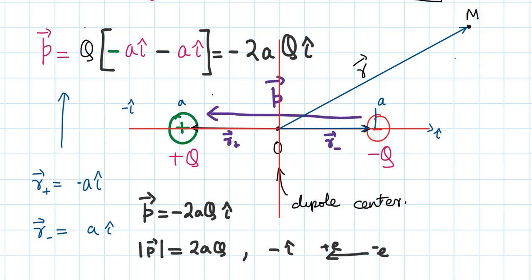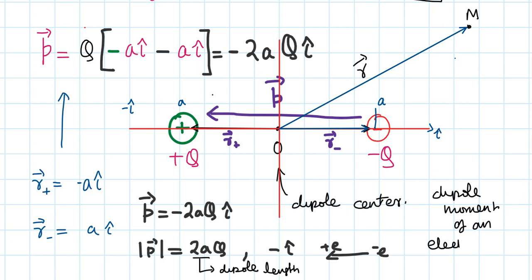So this new coordinate system also gives the same result, and also proves one thing, that as you can see, 2A is nothing but the dipole length, which proves the fact that dipole moment of an electric dipole is an observer independent quantity.